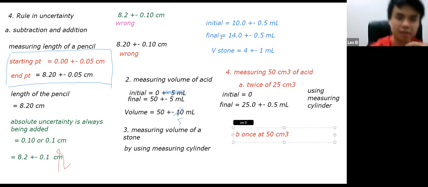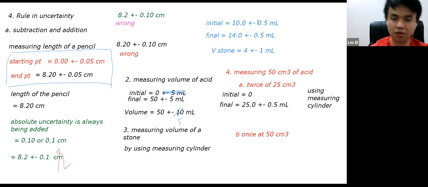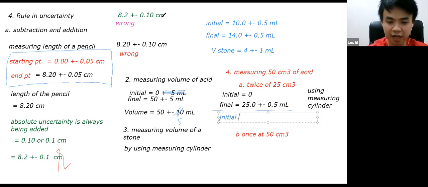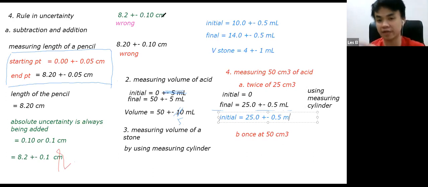Okay, then next one, you add another 25. At that moment when you add again, it means your initial, before you add it, you already have 25.0 plus minus 0.5, right? You already have the first 25 in your cylinder. Then you add again.